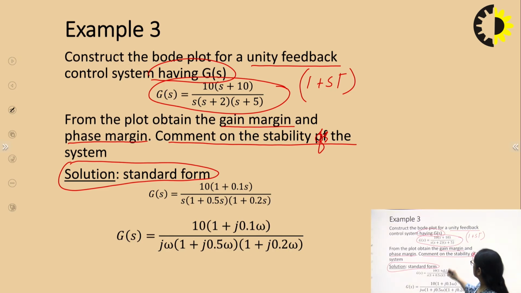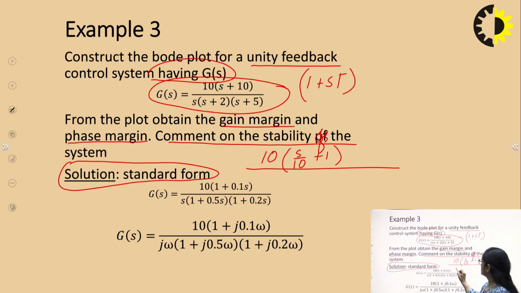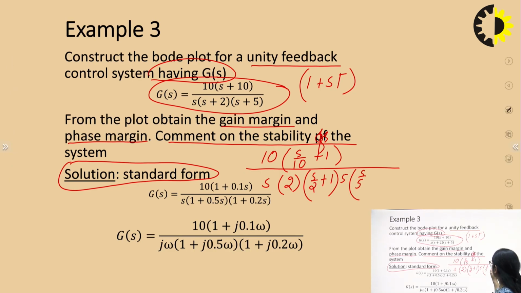If 10 goes outside, this becomes s by 10 plus 1, and in the denominator there is an s. I take 2 outside here, so this becomes s by 2 plus 1, and I take a 5 outside here, so this becomes s by 5 plus 1. So, 5 into 2 is 10.